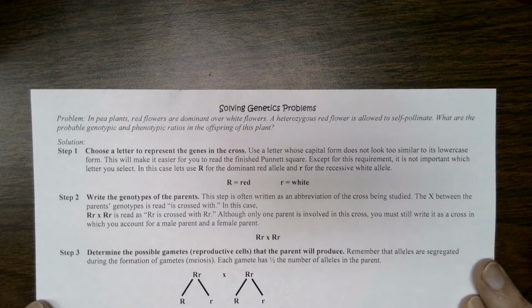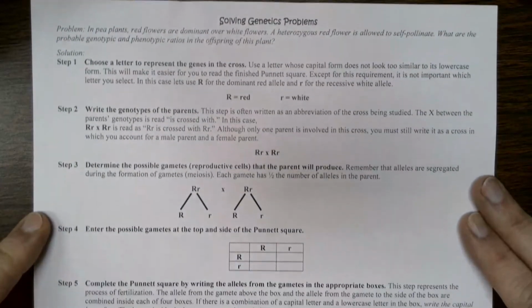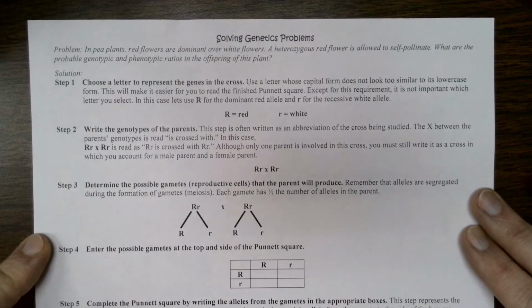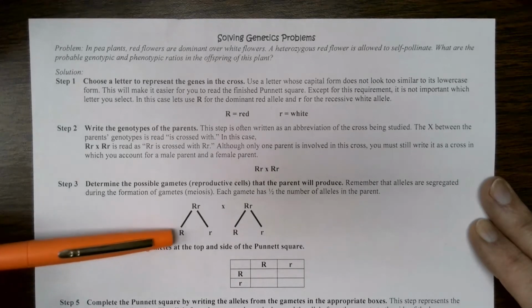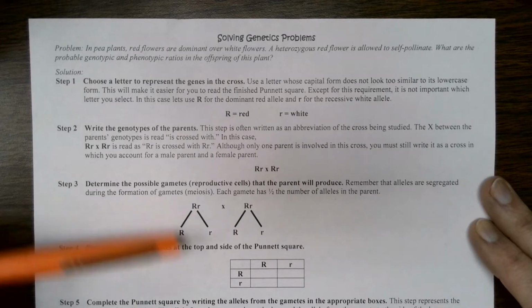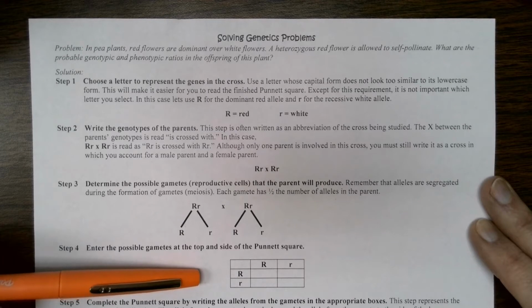Then your third step is where you are going to show these diagonal lines that you can see there. This is showing the separation of the homologous pairs during meiosis. Eventually the little lines I'm going to say I don't necessarily need to see. So this is kind of a step that gets you to step 3, gets you to step 4.